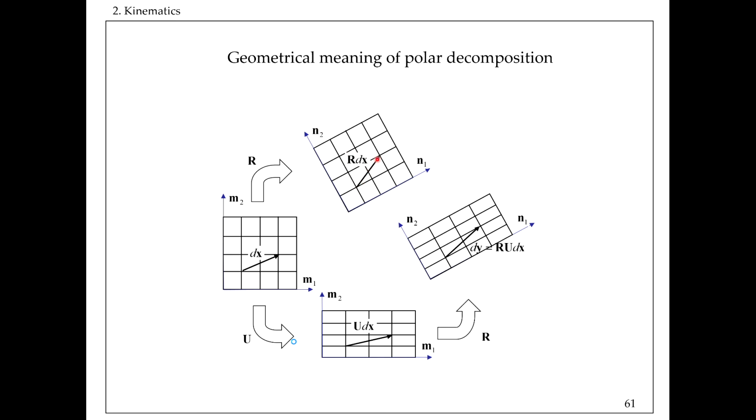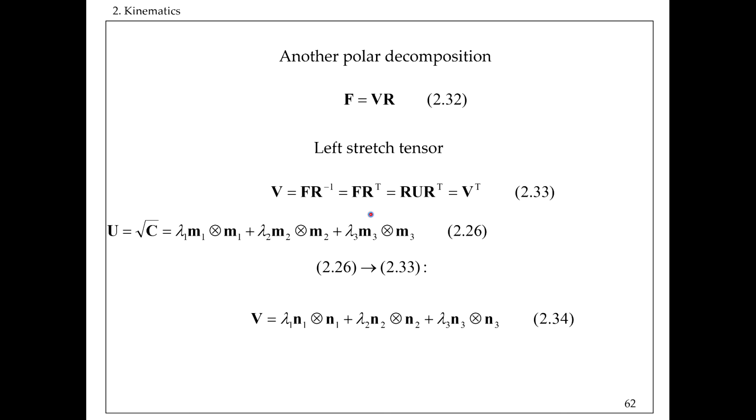And then the principal stretches are already calculated in this deformed configuration, right? So V is the stretch tensor for the principal directions in the deformed configuration. So this is the change in N and M, and N and M are mapped through the rotation tensor, because basically they were rotated.